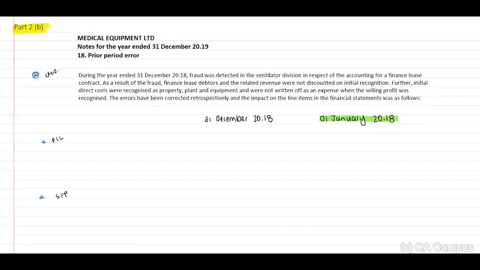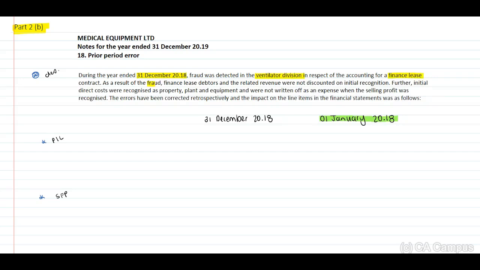Right, I've included my heading, Medical Equipment Limited, notes for the year ended 31 December 2019, prior period error. Okay, now look at this. During the year ended 31 December 2018, fraud was detected in the ventilator division in respect of the accounting for a finance lease contract.